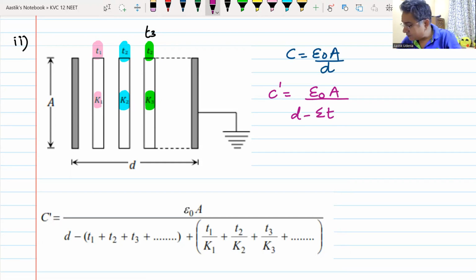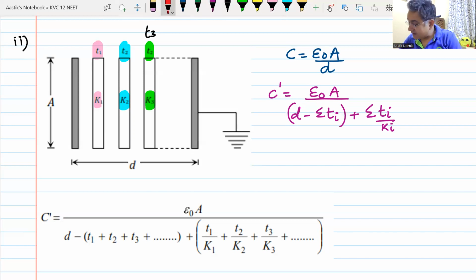You add up all the Ti, T1, T2, T3. So this is one bracket, plus in the next I have summation of Ti by Ki. Are you able to understand what I'm writing here in short? This is just the mathematical way of writing it. Do we understand this? Yes, sir. Everyone understands this.